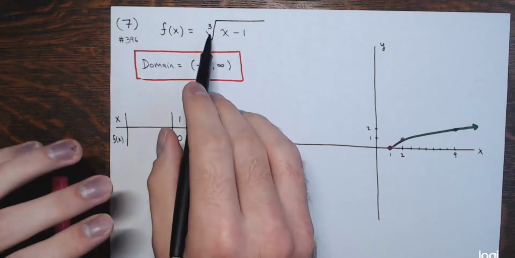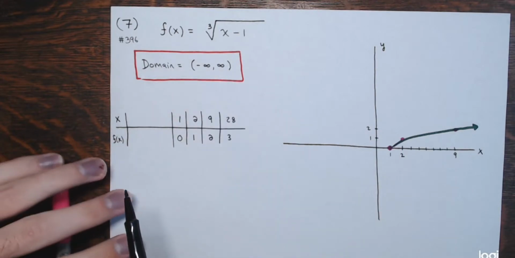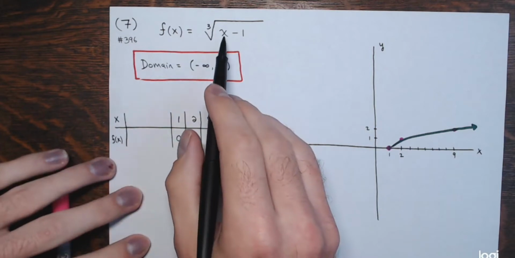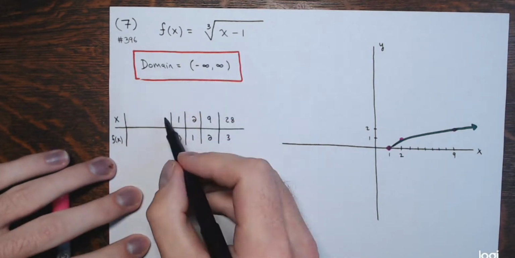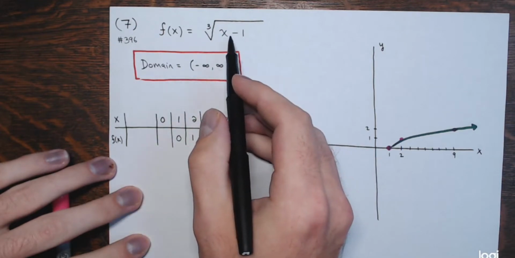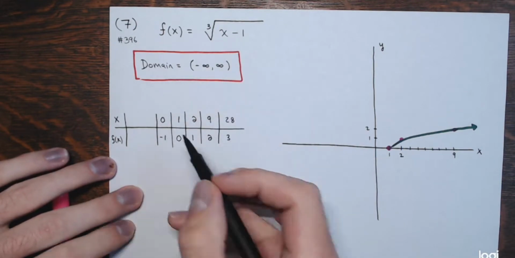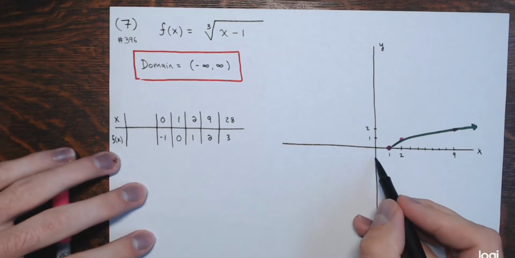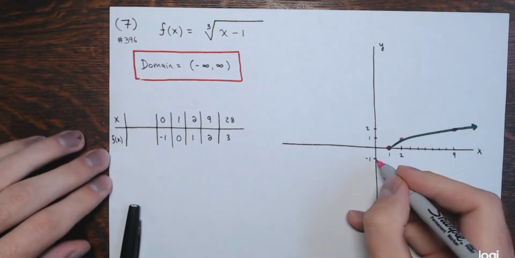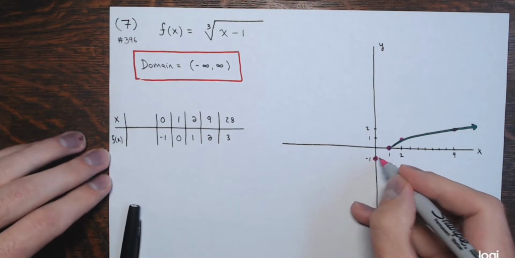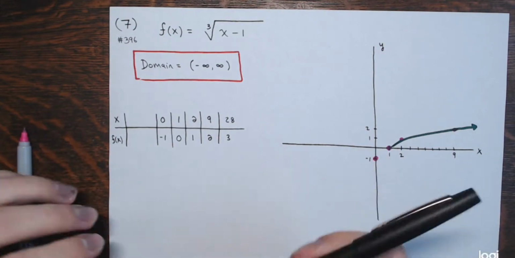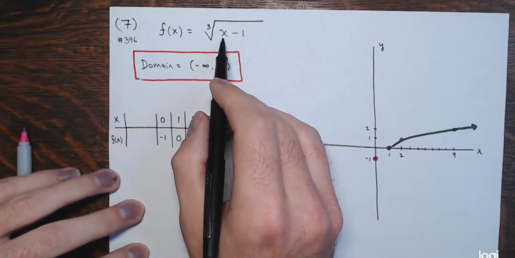You can take cube roots of negative numbers. Now the negative cubes would be negative 1. Now to get negative 1 in here, I'd have to plug in 0 for x. Right, if I plug in 0 for x, that's the cube root of negative 1, which is just negative 1. So 0 input, negative 1 output. That point there. And then, negative 8 would be a perfect cube, negative 2 cubed.